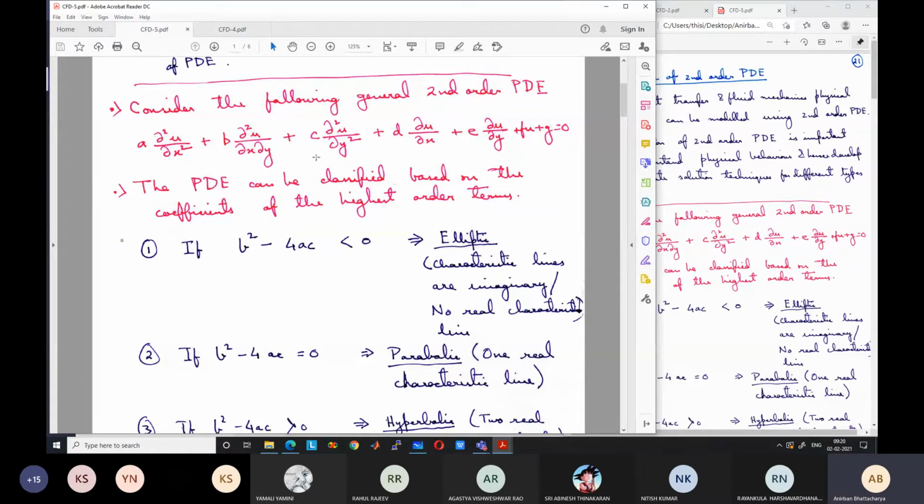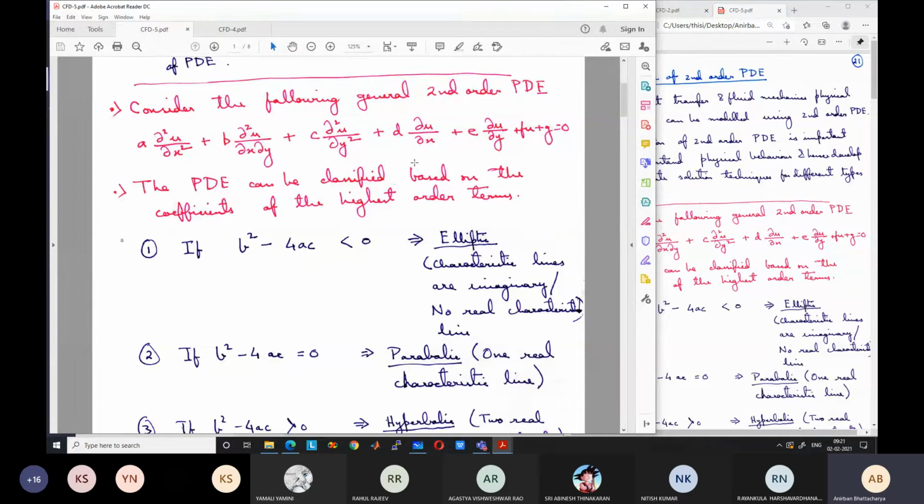While doing this, we can derive equations for solving for the second order derivatives. I don't want to go into the mathematical details, that's why I'm explaining vaguely.